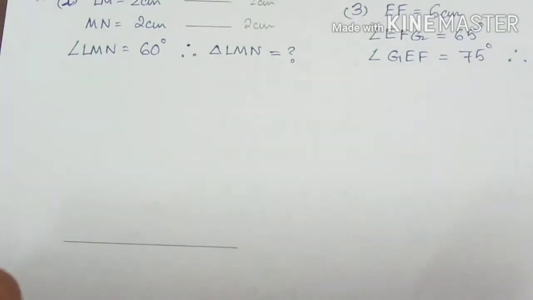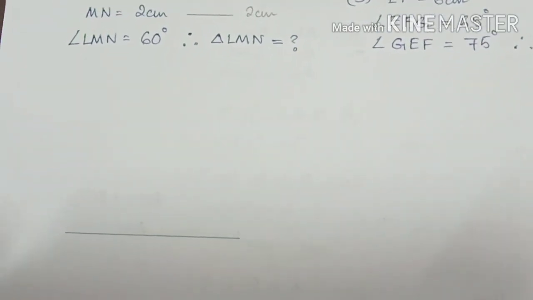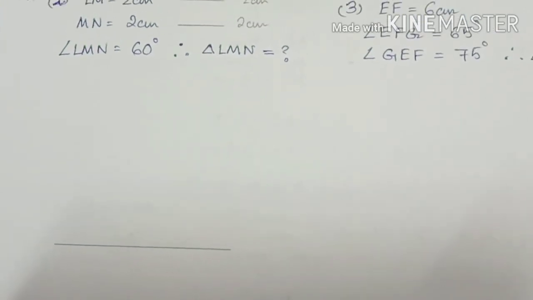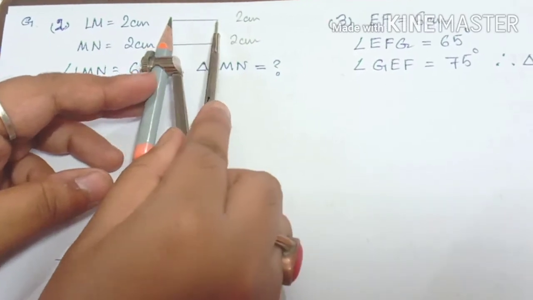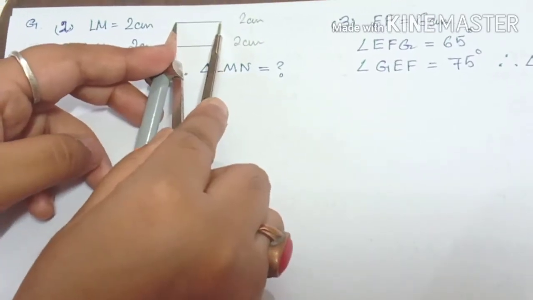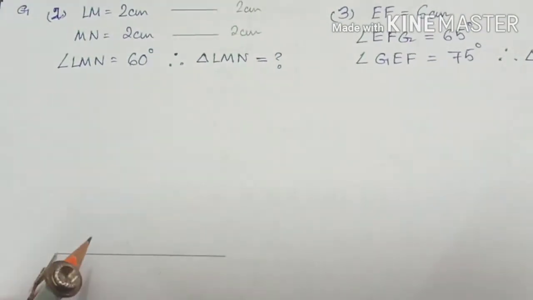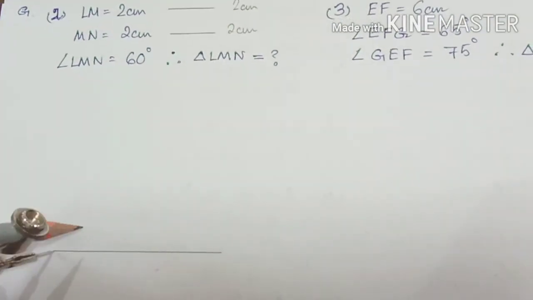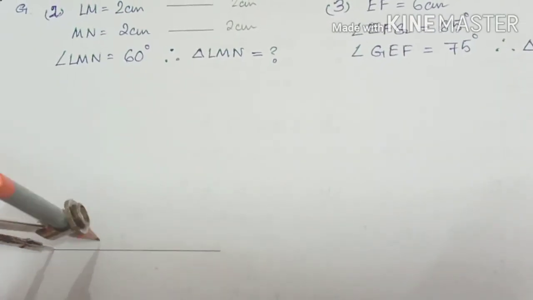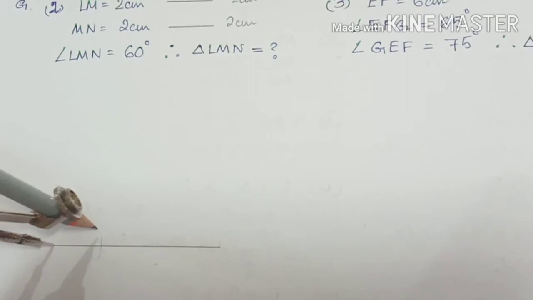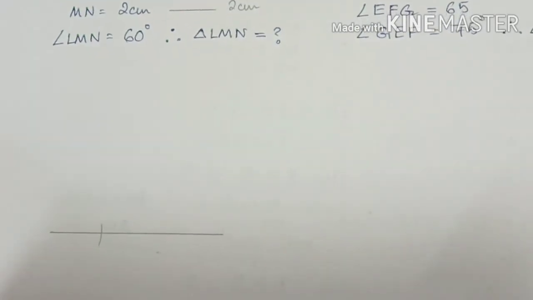Adjust the compass properly so that you don't have any hassle while taking the sizes. So here I have already taken. Now I am putting the sharp edge at one end and taking an incision over the arbitrary line. Okay, so this is it.